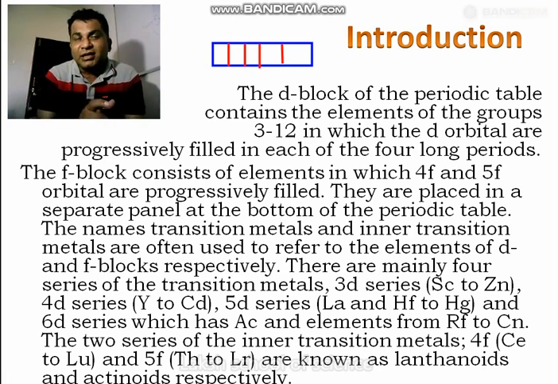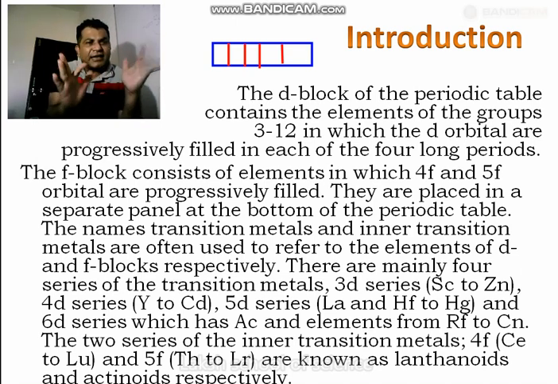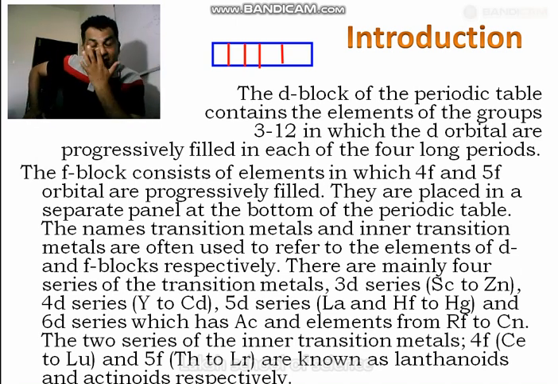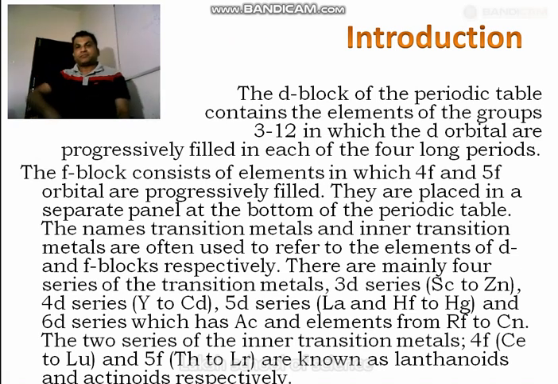Each contains 2 electrons, so there are a total of 10 electrons in the D block elements. These 10 electrons mean groups 3, 4, 5, 6, 7, 8, 9, 10, 11, 12: 4 plus 4 plus 2, 10. So a total of 10 groups are included in the D block. Due to this reason, it has 5 blocks, and each block consists of 2 electrons, so there are a total of 10 electrons in the D block.